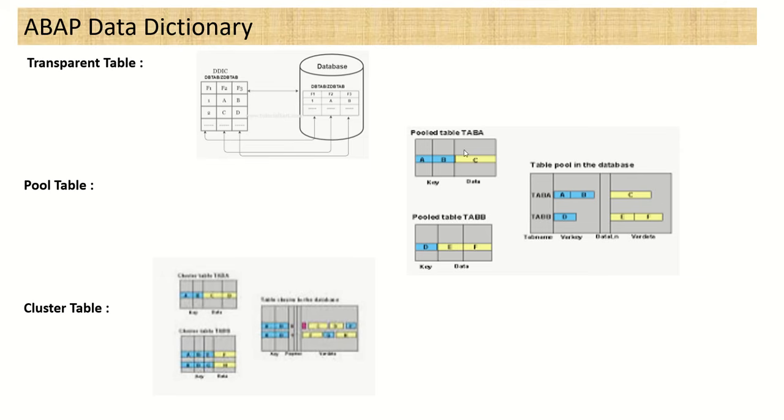Suppose we have two tables, tab A and tab B. In the database layer, we see a pool table like this: one table that contains tab A and tab B, and this is a cluster table. As a consultant, whenever we are creating any table, we always deal with the transparent table. The remaining topics, like what a data element and a domain are, I will explain in the actual practical.